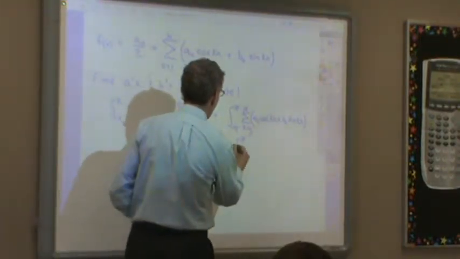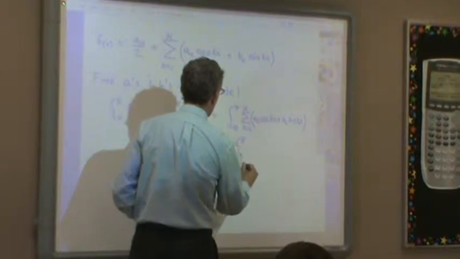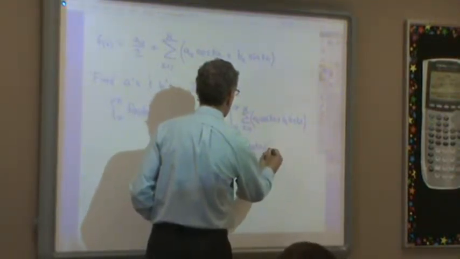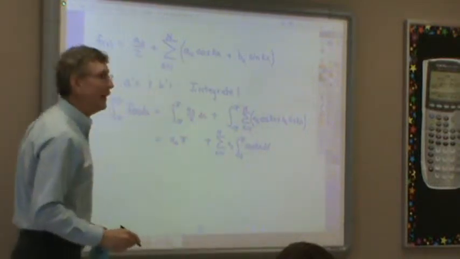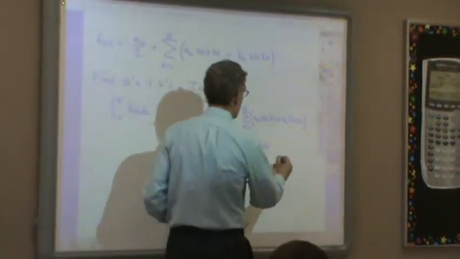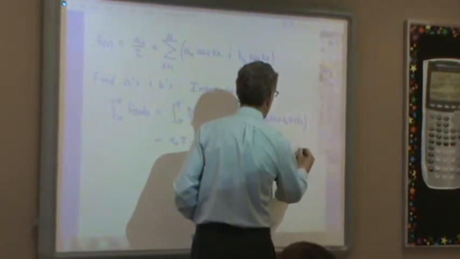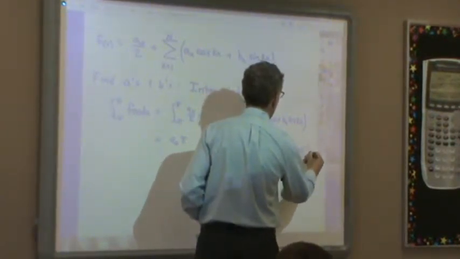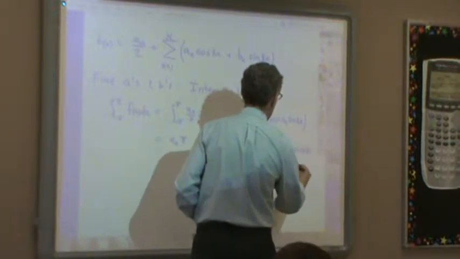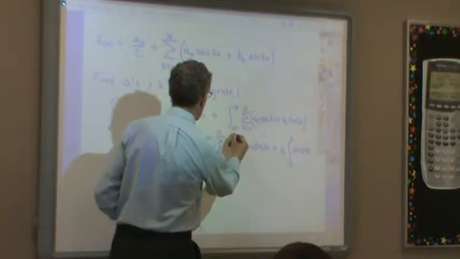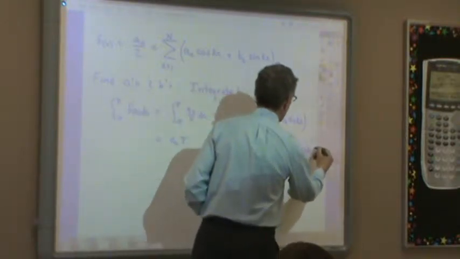Well, I can take the a_k out of there, so now I'm just integrating cos kx. And I've got the b_k that I can take out of the other integral, so it's going to be b_k times the integral of sine kx. And then this whole thing is part of the sum.